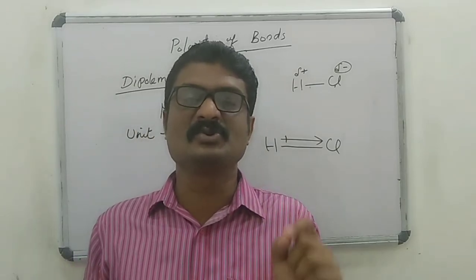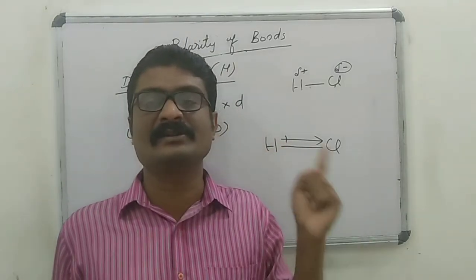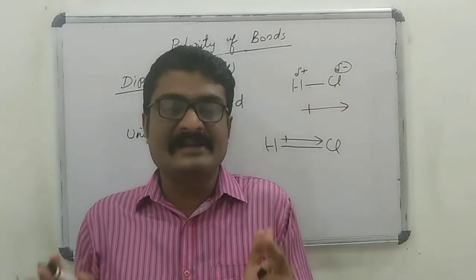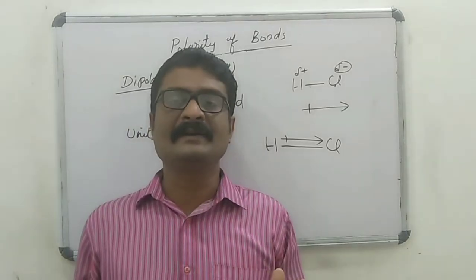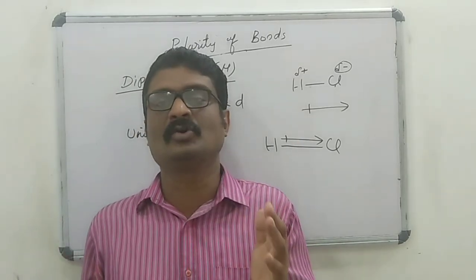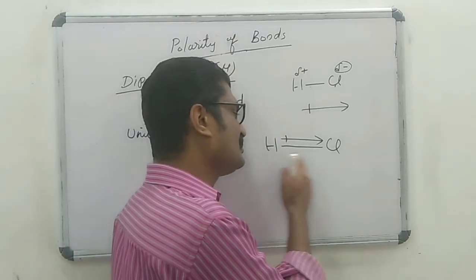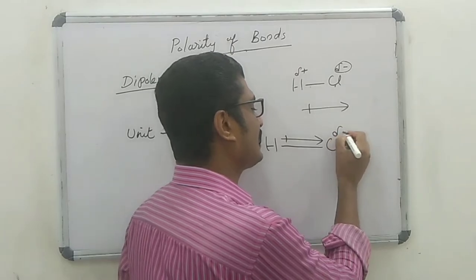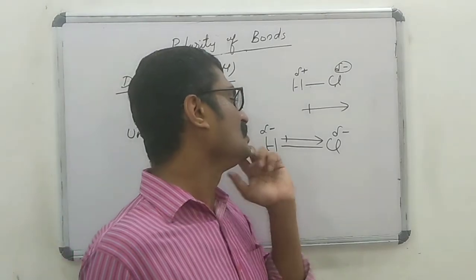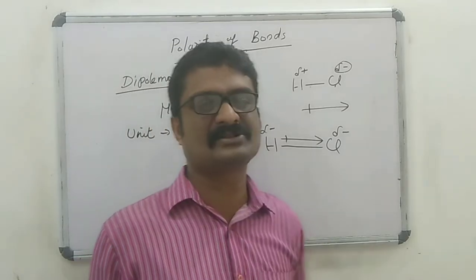Dipole moment is usually indicated by an arrow having a plus sign on the tail, like this. The plus sign is on the tail, and it is written above the molecule with the arrow pointing towards the negative end. Example, in HCl, the negative end is chlorine, delta minus, so the arrow must point towards the more electronegative atom, that is chlorine.